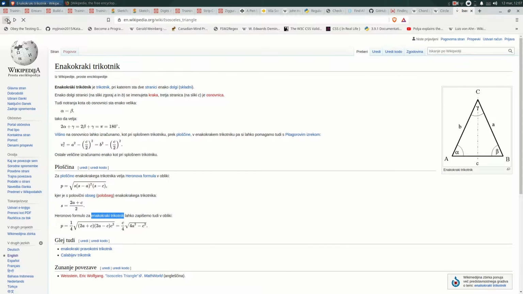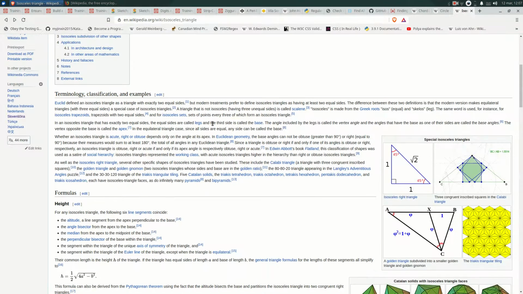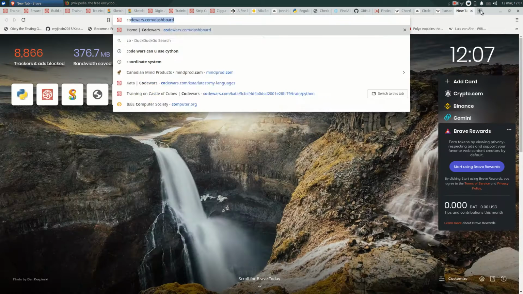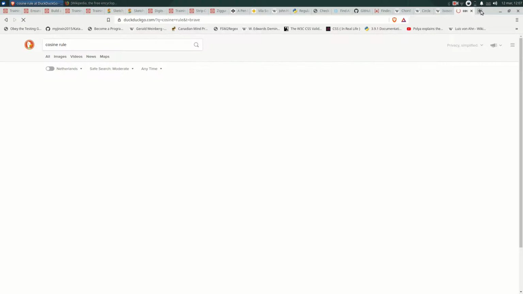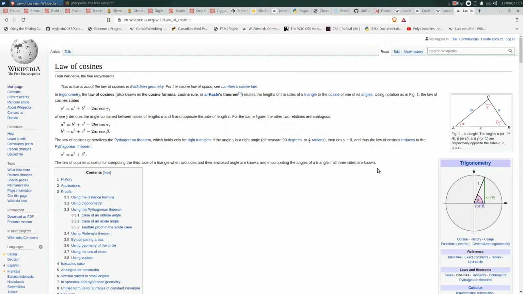So I guess we can solve that using trigonometry. This is the right triangle. I guess we could use trigonometry again, the law of cosines.